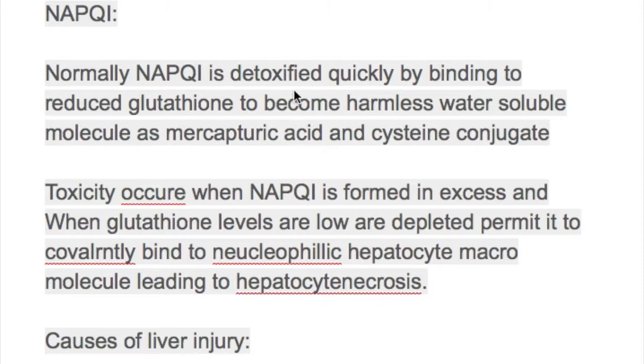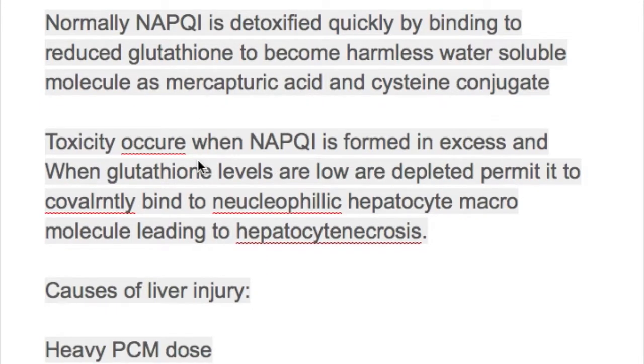Normally only 10% of the acetaminophen dose is metabolized through the mixed function oxidase system to form NAPQI, and this NAPQI is detoxified quickly by binding to reduced glutathione to become the harmless compounds mercapturic acid and cysteine conjugates.